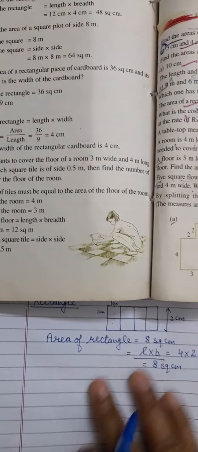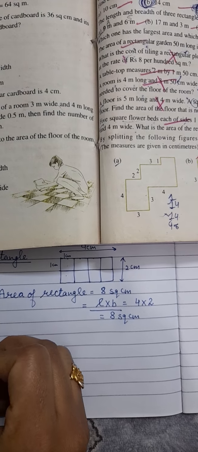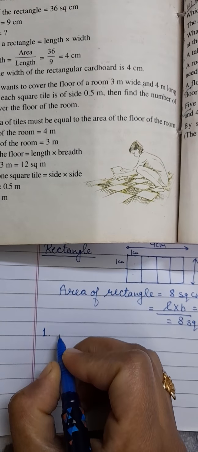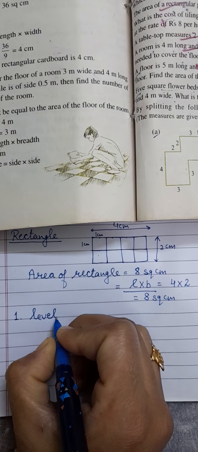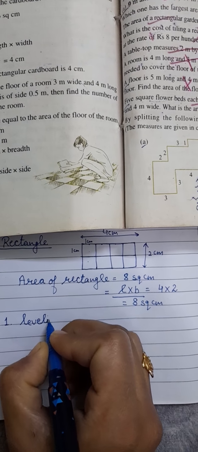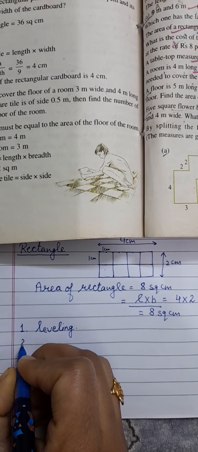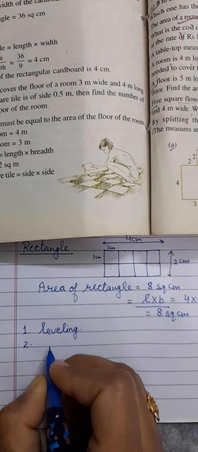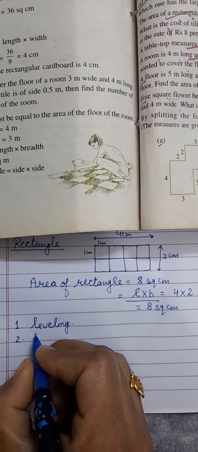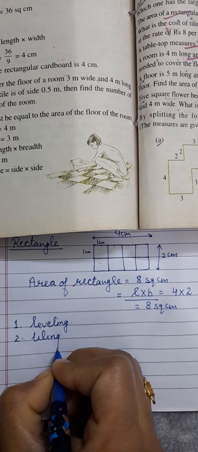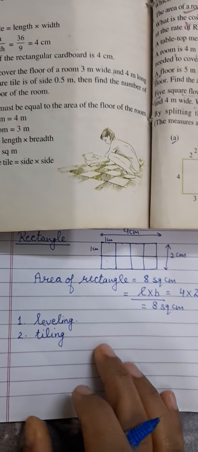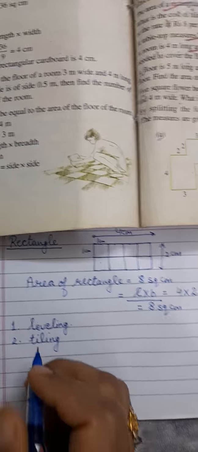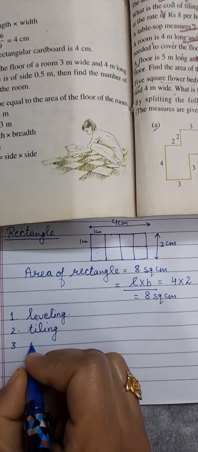Clear? So where do we have to find the area of a given figure? When we have to do the leveling of any field, or do the tiling on a floor, or put grass on the floor, or carpet the floor.